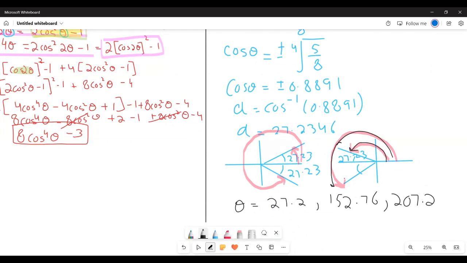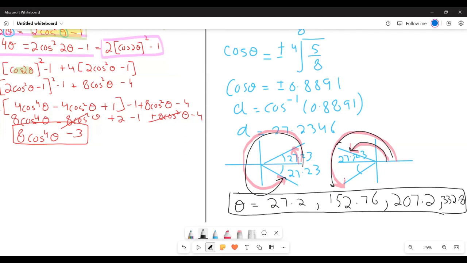And the 4th one is 360 minus 27.23, which is 332.8. So these are the 4 answers. Since cos is positive as well as negative, we have to take the angles in all 4 quadrants.